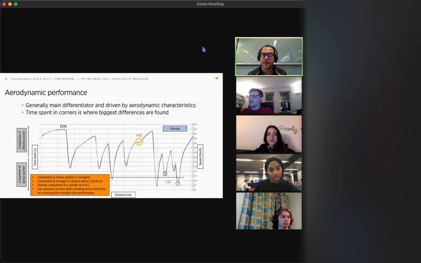If you notice, competitor B maintains higher speed in corners, and you can clearly see that your corners have higher sensitivity towards your overall time.